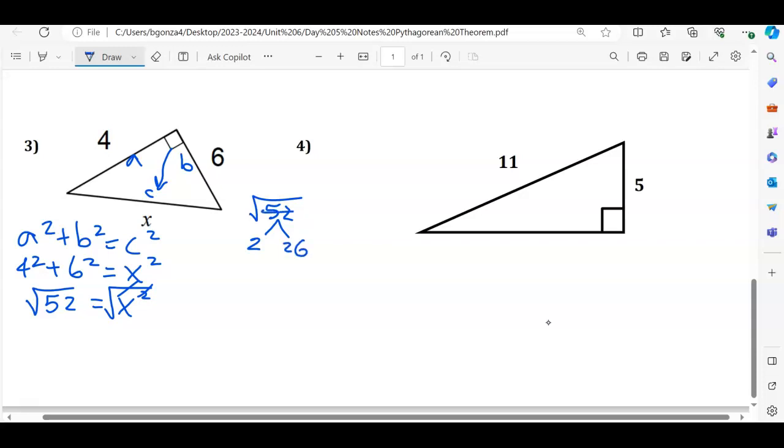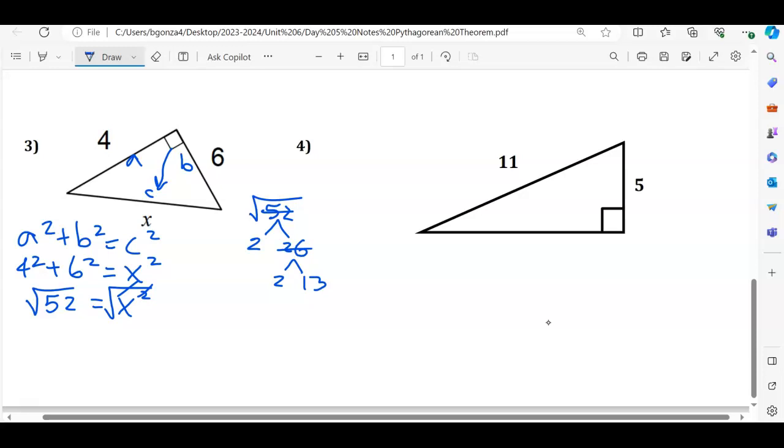So 52 breaks down to 2 times 26. 26 is also even. Let's divide by 2. 2 times what? 13. You can try dividing by 2 or 3 or 5 or 7 or 11, but nothing's going to work because 13 is prime. You're done.